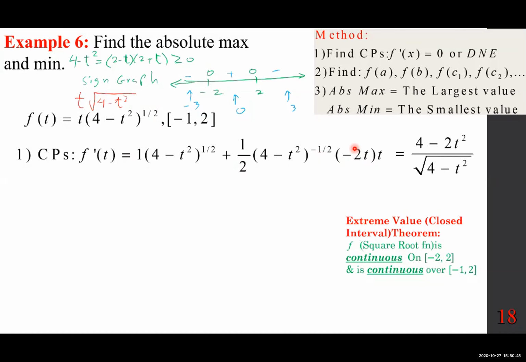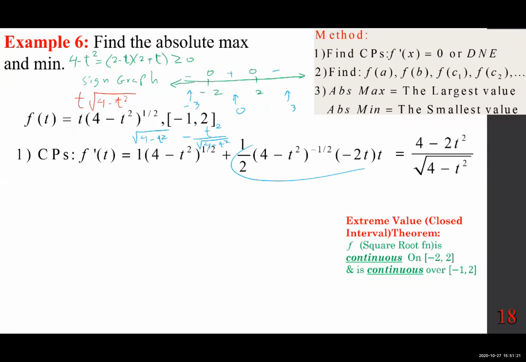How do you combine them? First, notice this is the square root. So we have the square root of 4 minus t squared minus t squared over the square root of 4 minus t squared.